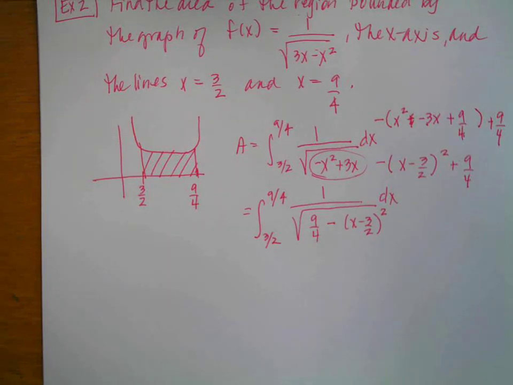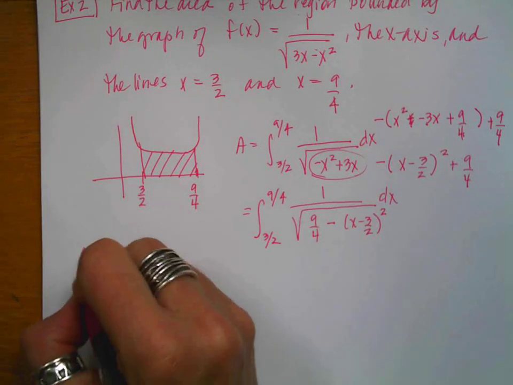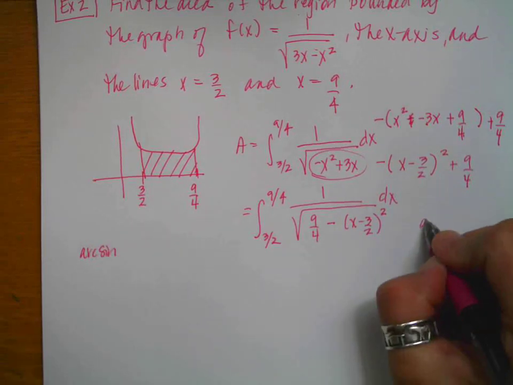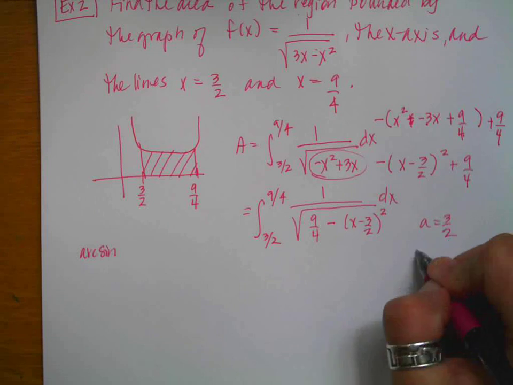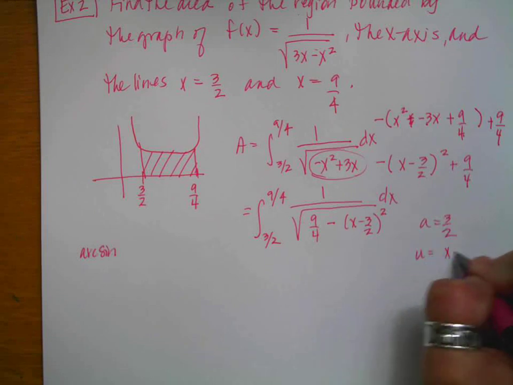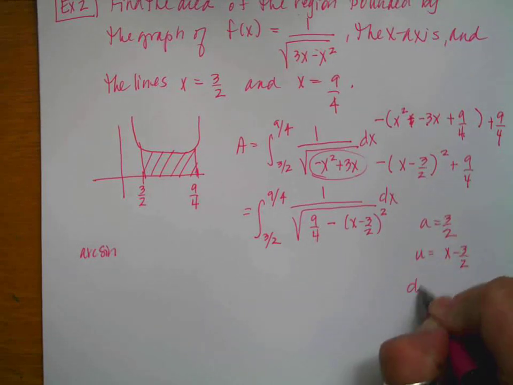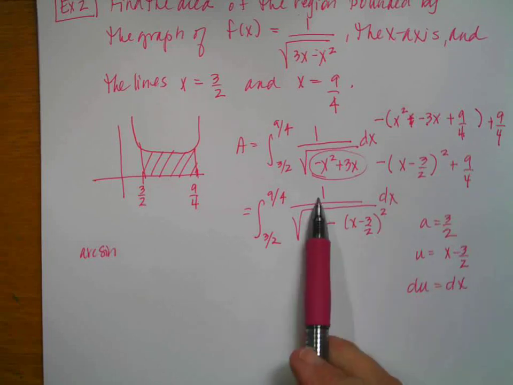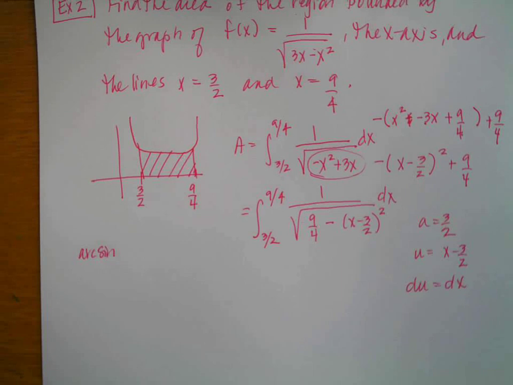So now it looks like arc sine. I'm going to have a as 3/2, my u is going to be x minus 3/2, and my du is dx, so I don't have to introduce anything else into the integral.